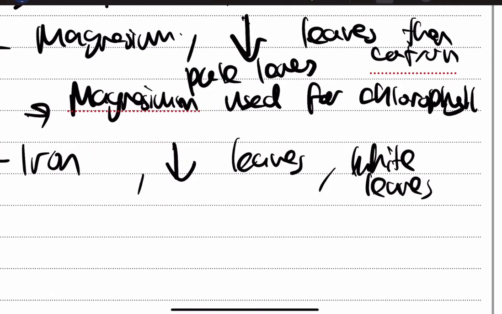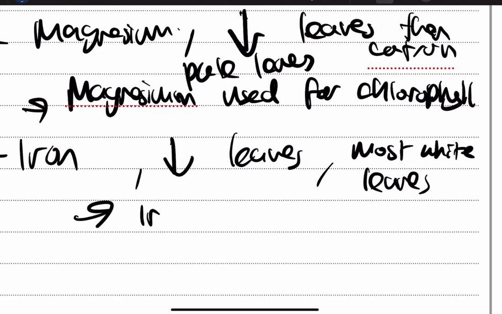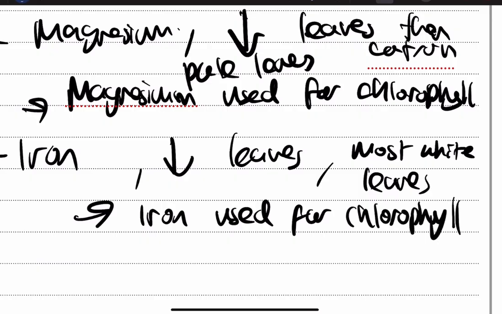So most white leaves or least green leaves. Okay. And then again, why is this important? Well, like all the aforementioned compounds, iron is important for the production of chlorophyll. Okay. Iron used for chlorophyll, which explains why we're seeing a pale leaf, because chlorophyll is not able to be produced and thus it's not able to dye the leaf green.